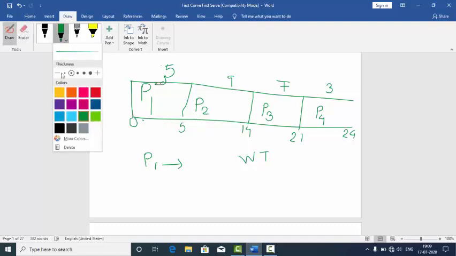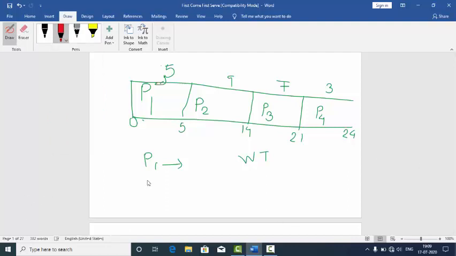So starting times में अगर आप देखोगे तो आपको पता चल जाएगा कि P1 का starting time कितना है? 0. So that means it has not waited even for 1 millisecond. Then P2. P2 का वेटिंग टाइम कितना है? 5 है. 5 का मतलब क्या कि P1 जब तक एग्जीक्यूशन कर रहा है, P2 वेट कर रहा है, so it will get the CPU at 5 millisecond time.